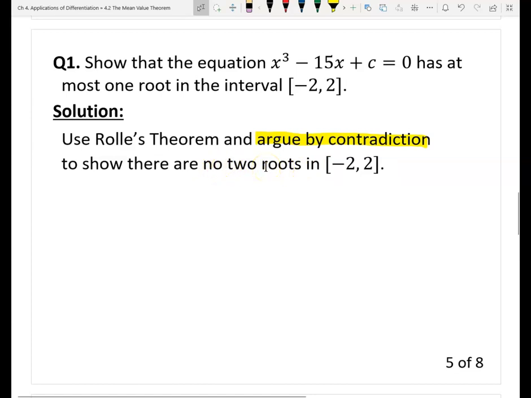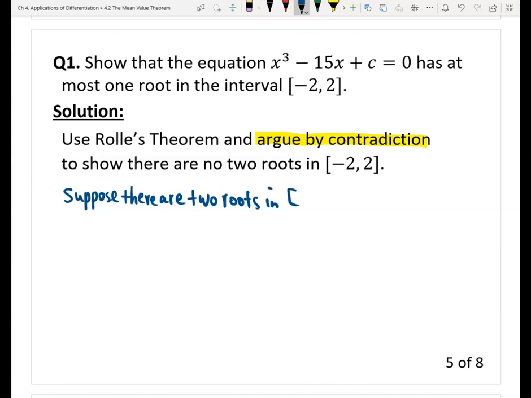Okay, so let me write it down. We're going to set up the hypothesis, which is: suppose there are two roots in -2 to 2.